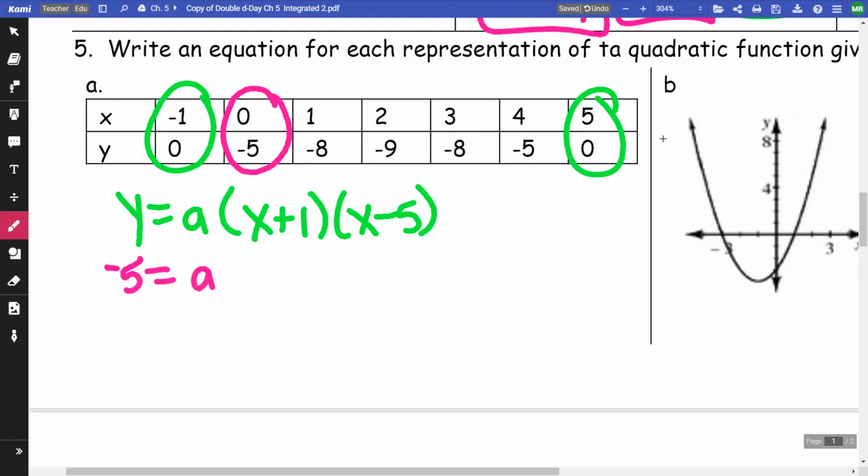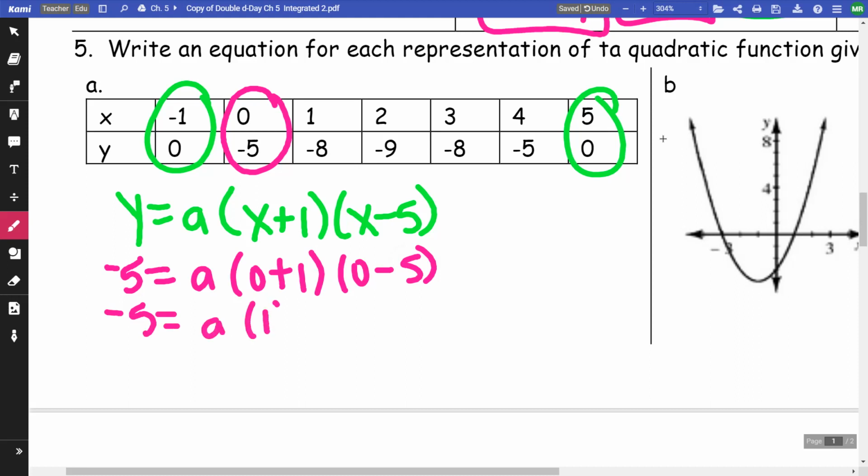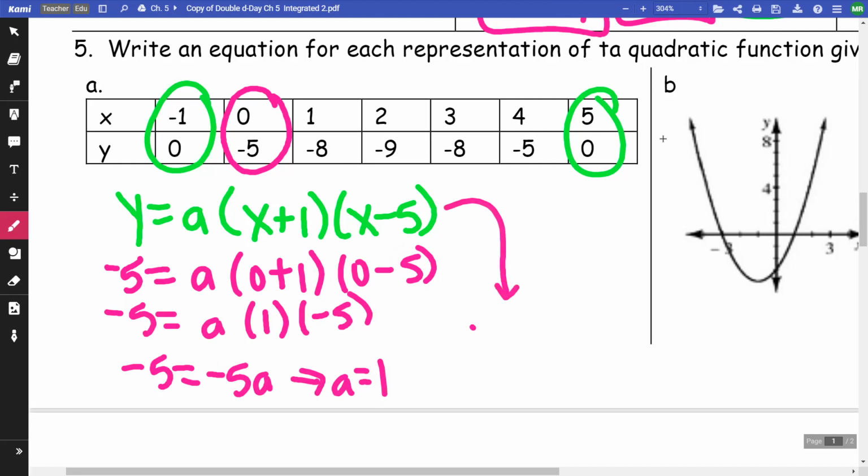So I'm going to get -5 is equal to a times 0 plus 1 times 0 minus 5. So I'm going to get -5 is equal to a times 1 times -5. So basically, -5 is equal to -5a. So a is equal to 1. So that means my equation is going to be y equal the quantity x plus 1 times x minus 5.